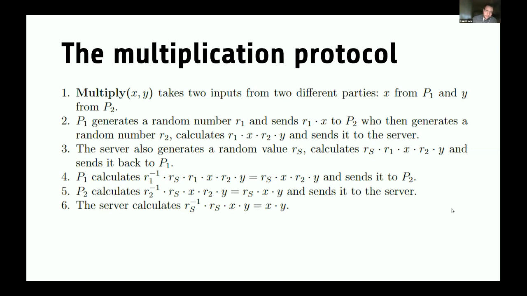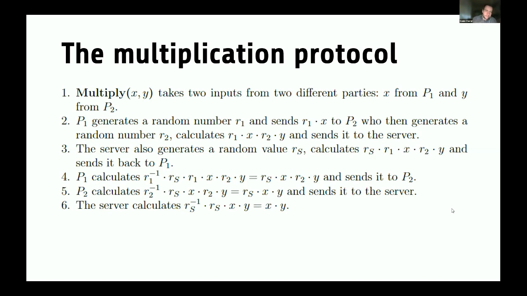The server also generates a random number, multiplies this result with his own random number, and sends it back to P1. Then P1 multiplies it by the inverse of his own random number and sends it to P2, who then multiplies it with the inverse of his own random number and sends it to the server. Then the server multiplies it with the inverse of his own random number.